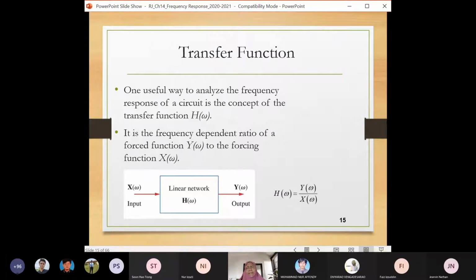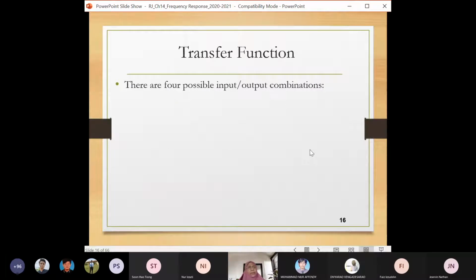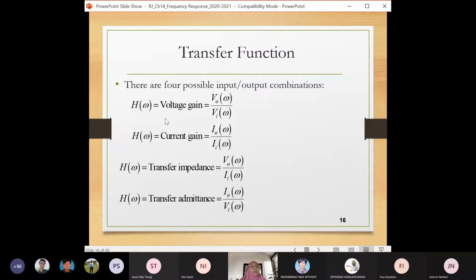All right, and there are four possible types of transfer function. If you want to observe the relationship in terms of voltage gain, you consider Vo over Vin.